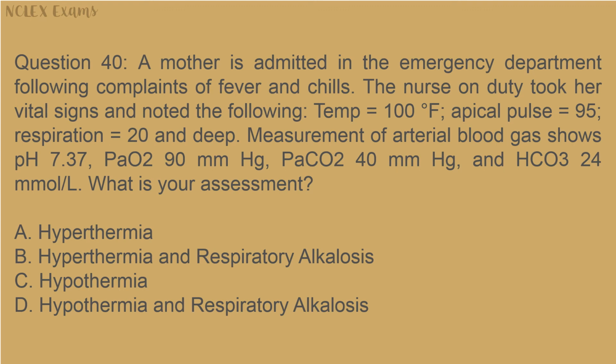Measurement of arterial blood gas shows pH 7.37, PaO2 90 mm Hg, PaCO2 40 mm Hg, and HCO3 24 mmol/L. What is your assessment? A. Hyperthermia. B. Hyperthermia and respiratory alkalosis. C. Hypothermia. D. Hypothermia and respiratory alkalosis.